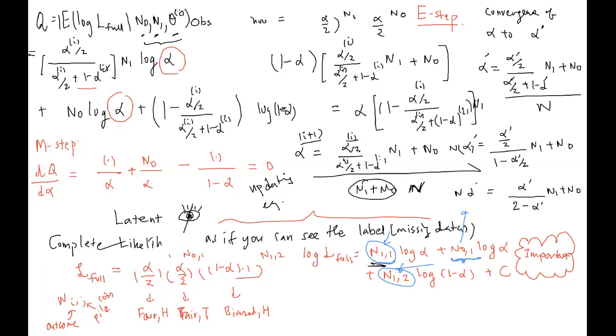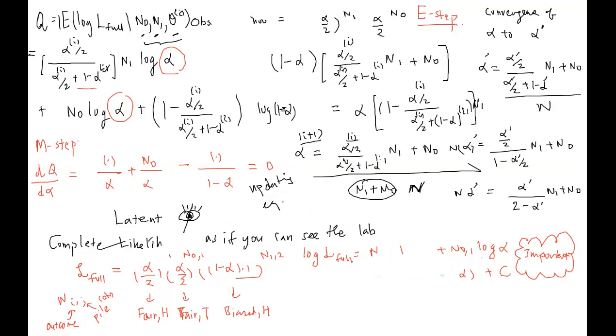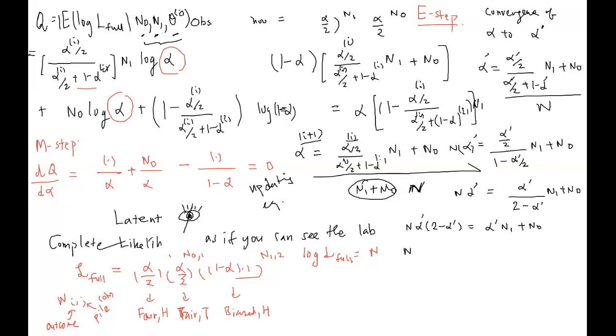This is n alpha prime, okay? Right, okay, so then you rearrange, you get n alpha prime 2 minus this equals to alpha prime.